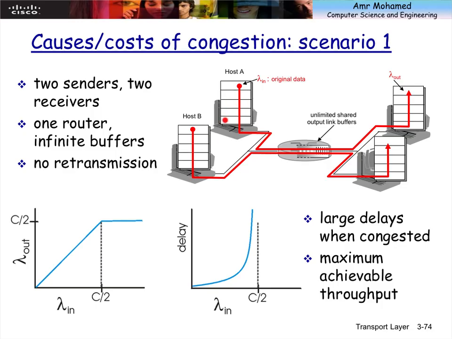We have two applications sharing the bandwidth of the router. Not only that, the buffer inside the router is infinite, which means that we will never miss any segment. A segment can be delayed, but not lost. There's no way it can be lost.